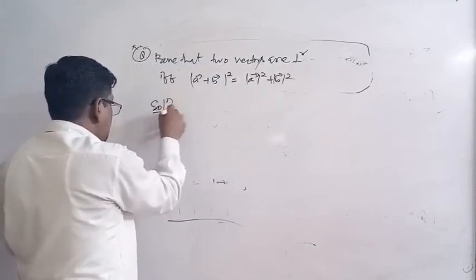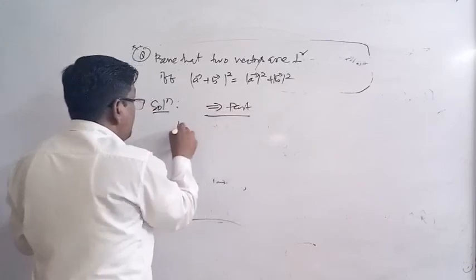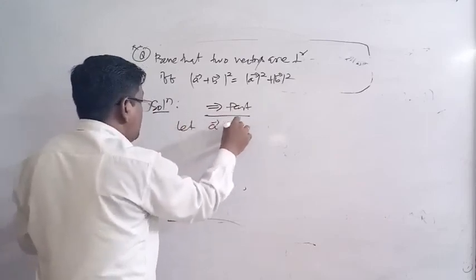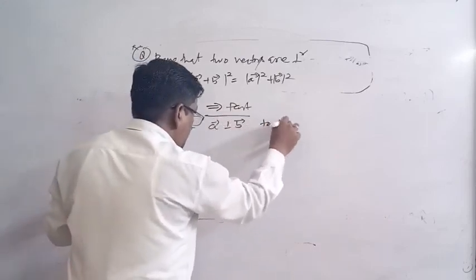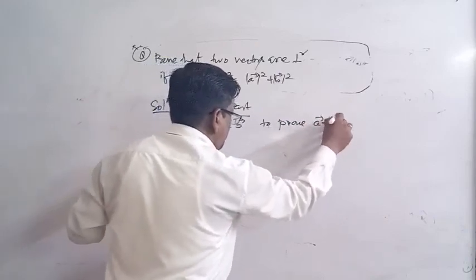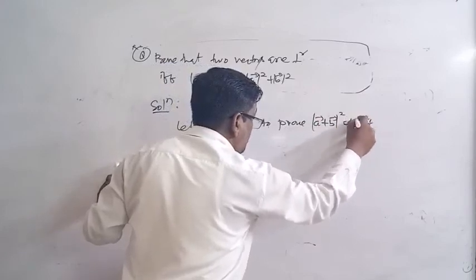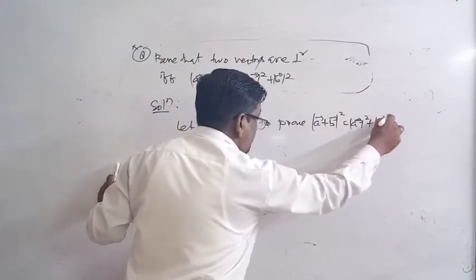Solution: the implies part. Let A be perpendicular to B; to prove magnitude of A plus B square is equal to magnitude A square plus magnitude B square.